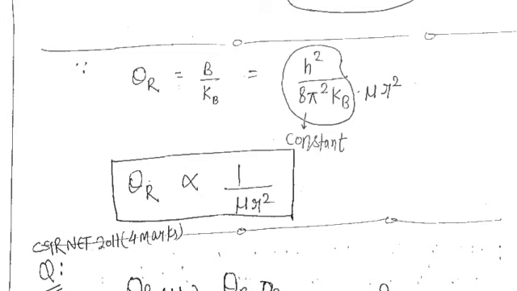These are all constants for a molecule. So the thing left is nu r square, so theta r will be inversely proportional to nu r square. Nu is the reduced mass of the molecule and r is the average distance between the atoms.